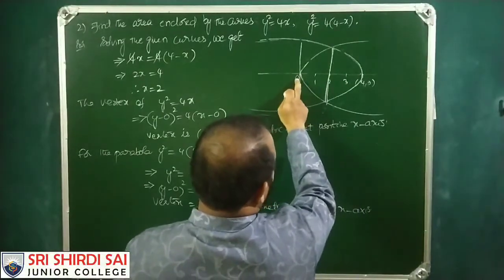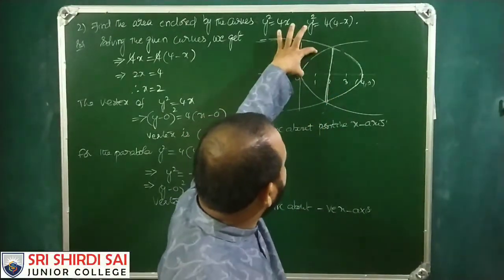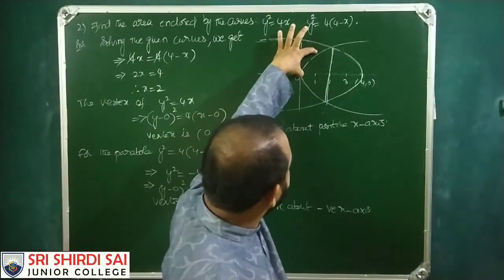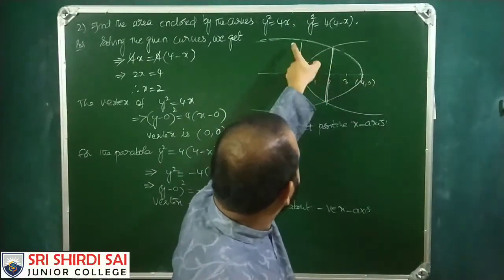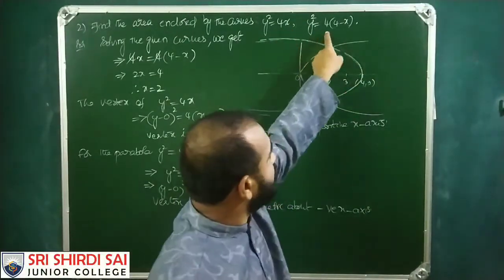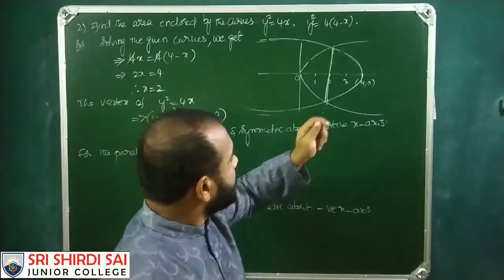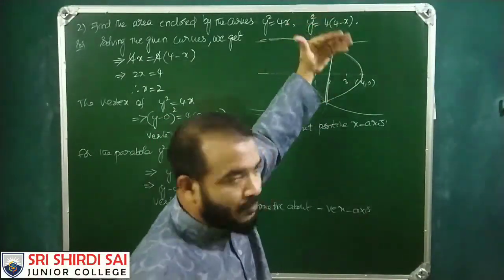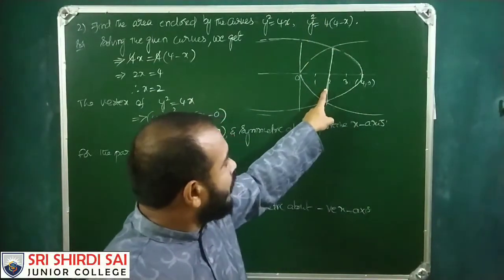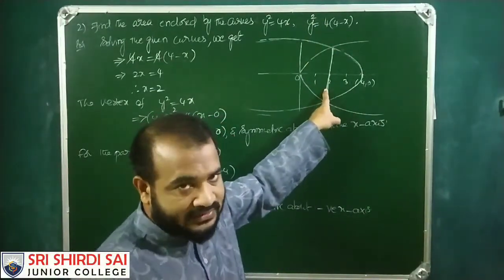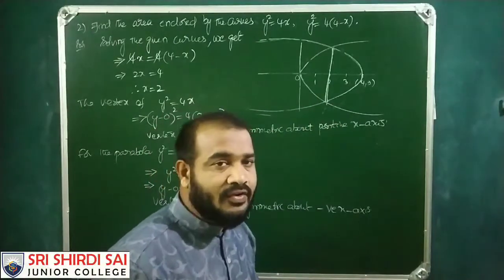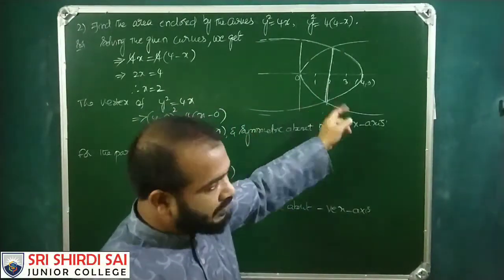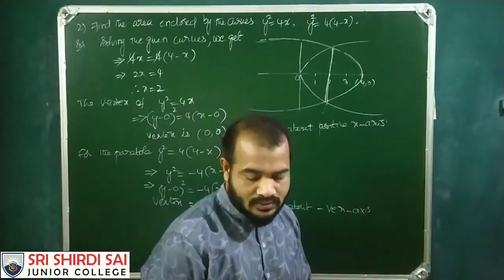So from 0 to 2, this parabola is there, y square equals 4x, and from 2 to 4, this parabola is there, y square equals 4 into 4 minus x. If we get that, we will be getting the upper portion. If we want the lower portion also, since it is symmetric about the x-axis, whatever answer we get, if you multiply it by 2, we will be getting the whole area. So let us do that.